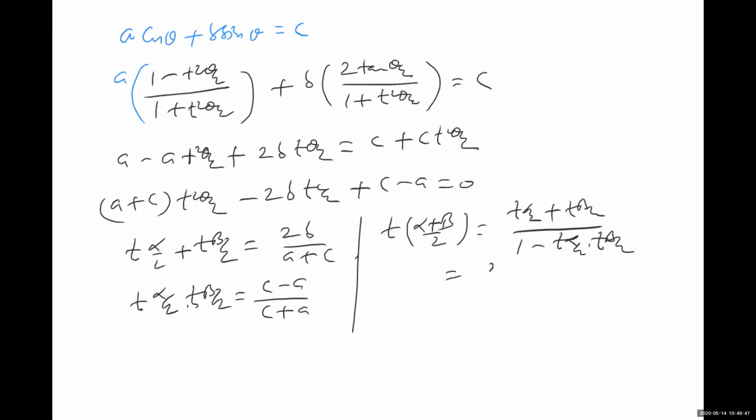This is 2B upon (A plus C) upon 1 minus (C minus A) upon (C plus A). So C plus A will cancel, 2B upon (C plus A) minus C plus A, C will cancel. So it is B upon A. From here calculate.